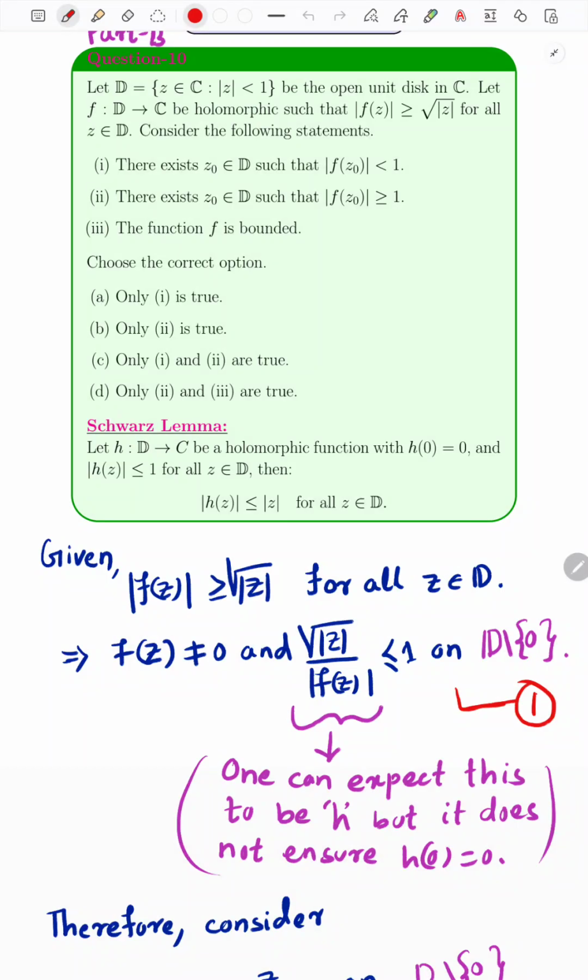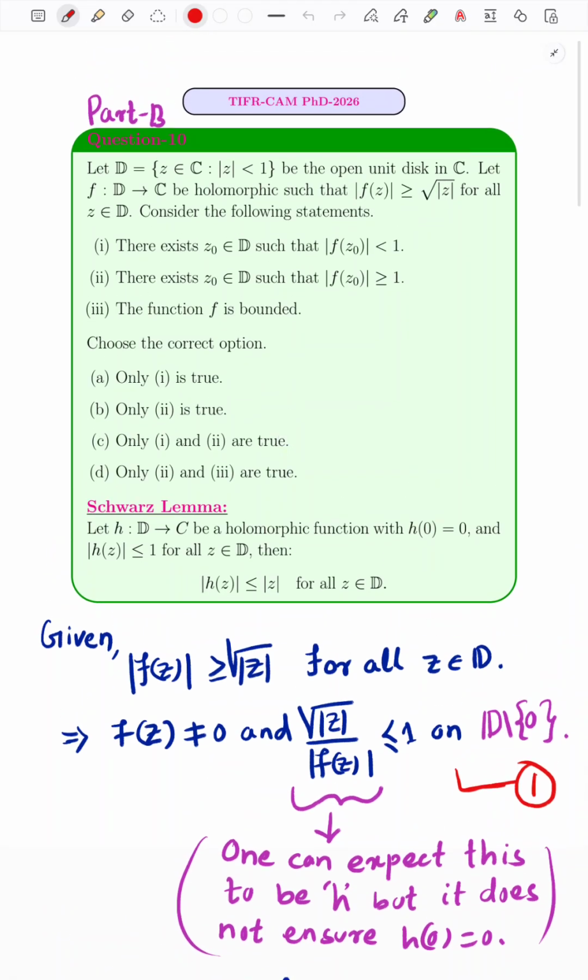Hello everyone. In today's discussion, we discuss a very interesting question from the TIFR-CAM PhD entrance exam 2026, and this question is from the complex analysis part.